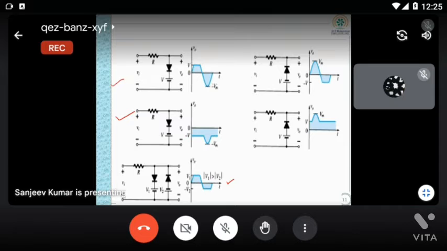For the positive half cycle this diode is shorted, so whatever V1 you see, you will get across V0. For reverse bias, that one will be open and this will be shorted, so you get whatever V2 in the negative half cycle.